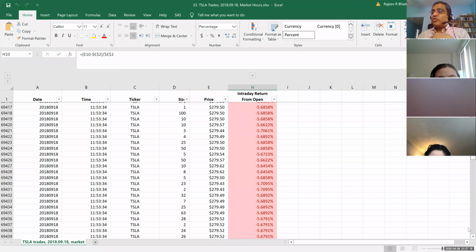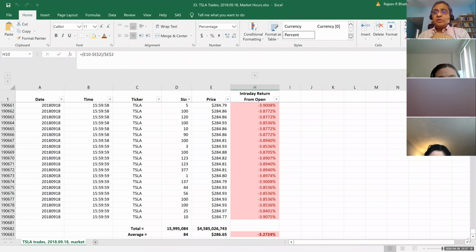And right at the bottom, we calculate the weighted average intraday return, which is negative 3.27% for that particular day.